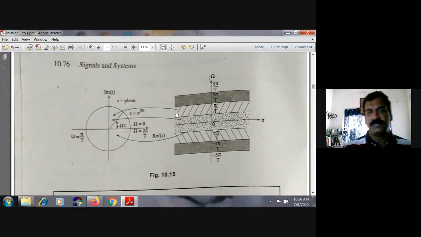The poles and zeros are repeated when you map from the S plane to the Z plane. Because this is a folding in the S plane, there is no problem. But when you map from the S plane to the Z plane, if it is a one-to-one or impulse invariant mapping, it will always lie inside the unit circle.